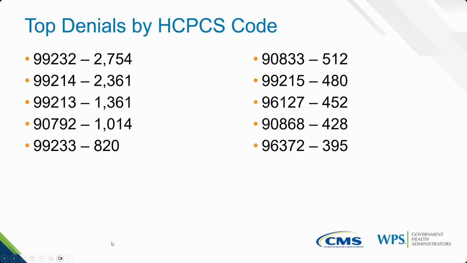Okay. Top denials by HCPCS code are listed here. Again, we have these subsequent inpatient visits, office visits, those psychiatric diagnostic evaluations with medical services, pretty much the same categories that were rejected are being denied. There is one code a little bit different here though, 96127. We had 452 denials.